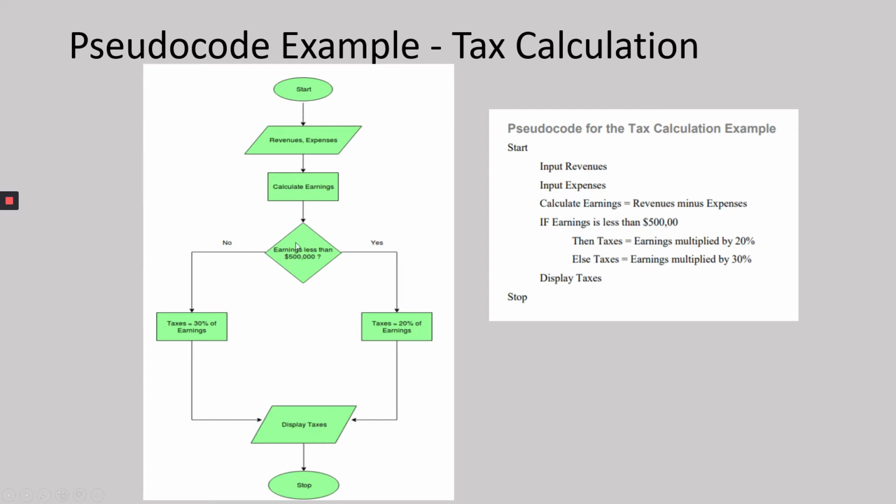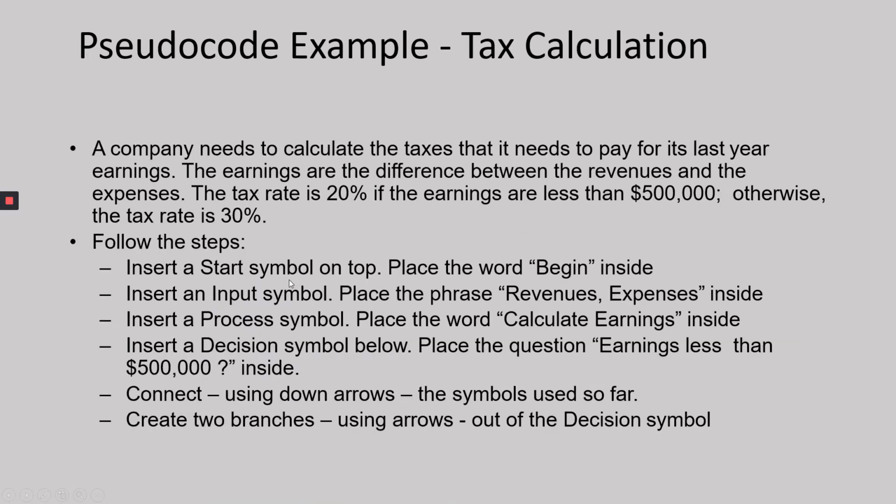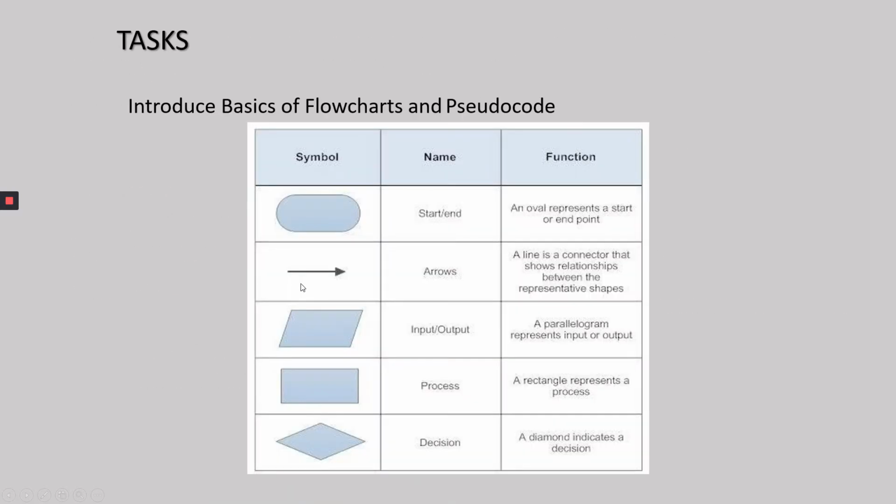You could only pick one branch from this diamond, from this decision making statement. So every time you need to make a decision, you need to use this diamond shape.